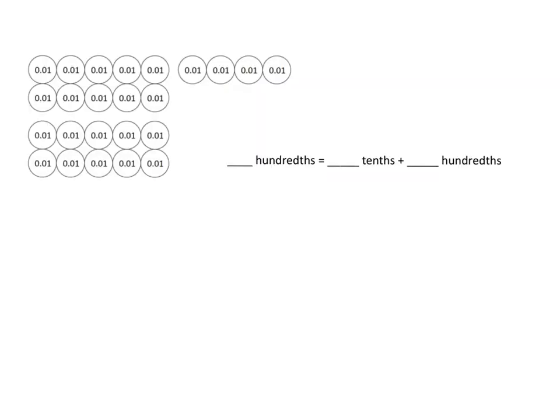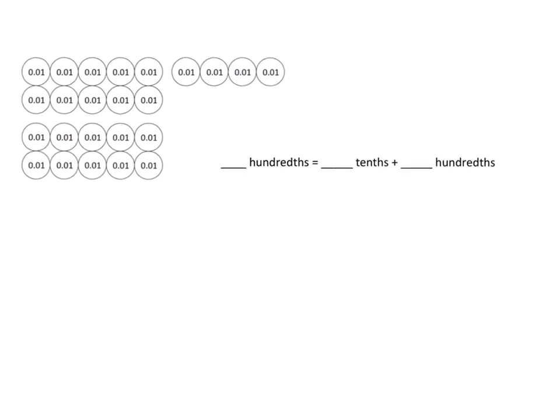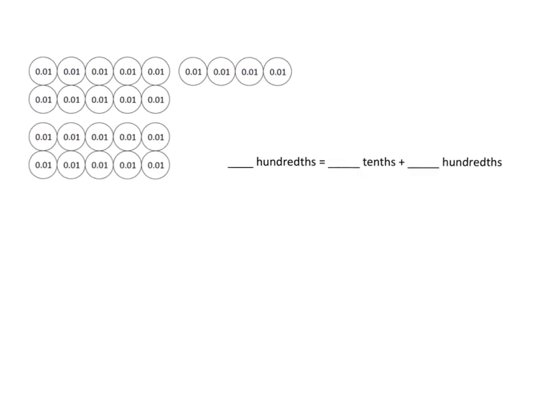Okay, just when we started the lesson, I told you about the place value discs and that we're going to be using them. And these are examples of place value discs. Each one of those discs is equal to 1 hundredth, right? 1 hundredth. So this becomes 1/100th.